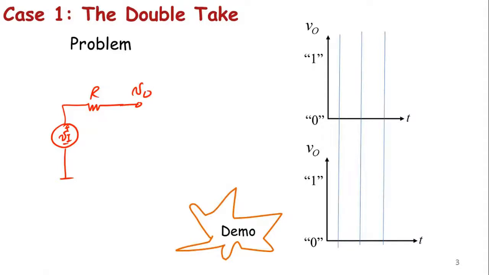Now let's further assume that from this point I have a bunch of other wires going to different parts of the circuit. I may have a wire going here. I may have another wire going here. I may have a third wire going here. And that wire may connect to some other pieces of circuitry, an inverter in this case. And then from the inverter, I may have a connection going to something else.